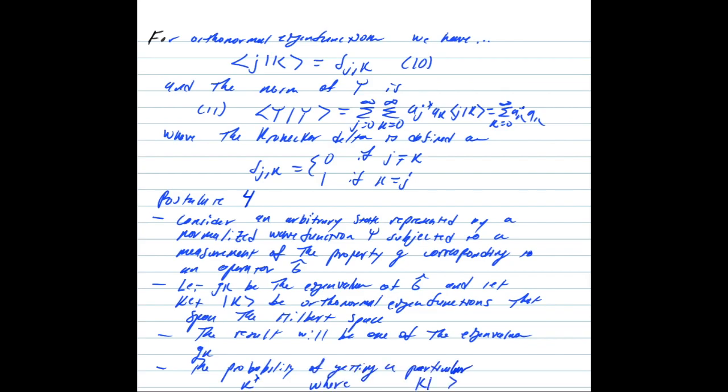Now if you go back to equation 8, where we said that the set of orthonormal eigenfunctions form a basis for the Hilbert space and the wave function of any state of the system can be written as a linear combination, we have that psi is equal to the sum of a subscript k multiplied by psi k.